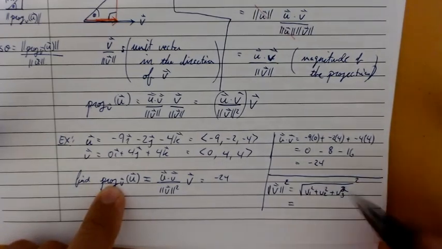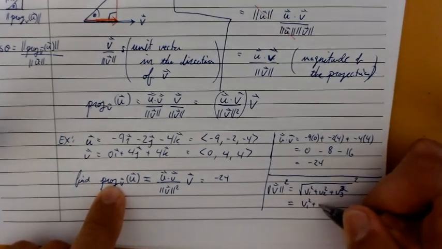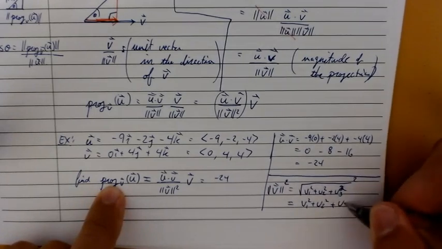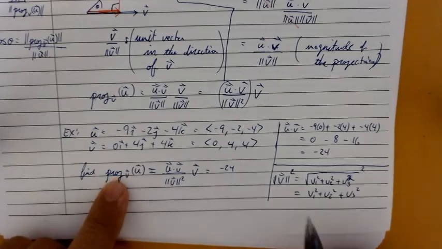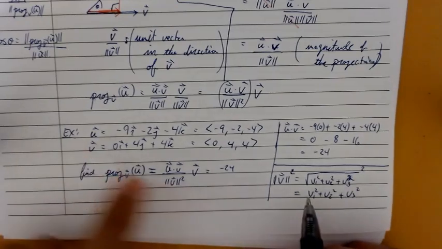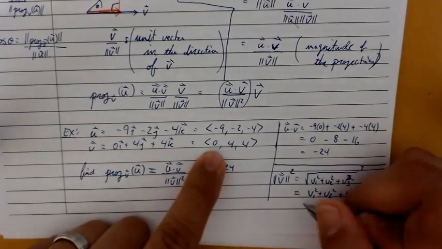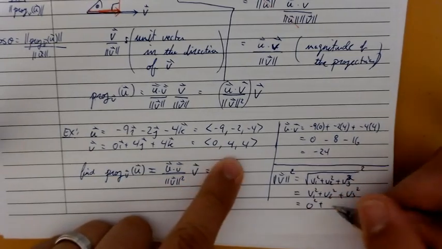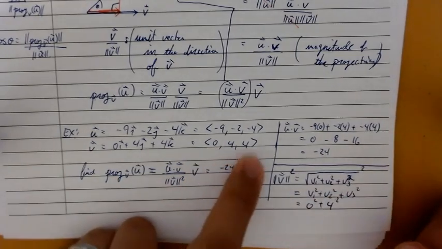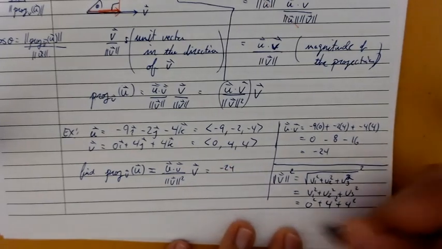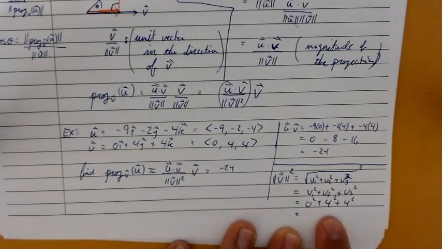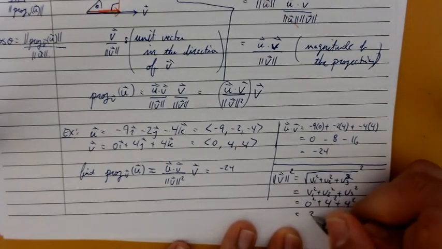And that gets rid of that square root. So really it's just v1 squared plus v2 squared plus v3 squared. Okay, well, we can have all those values. We're going to add all those together, which will give us 0 plus 16 plus another 16, which is 32.